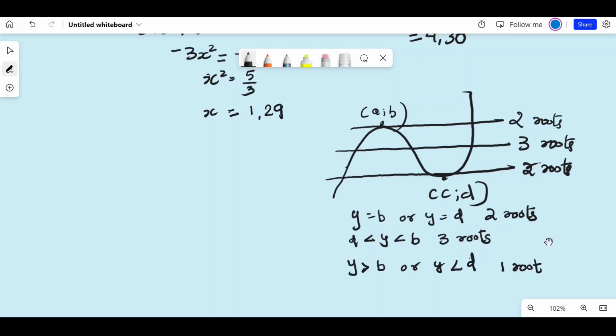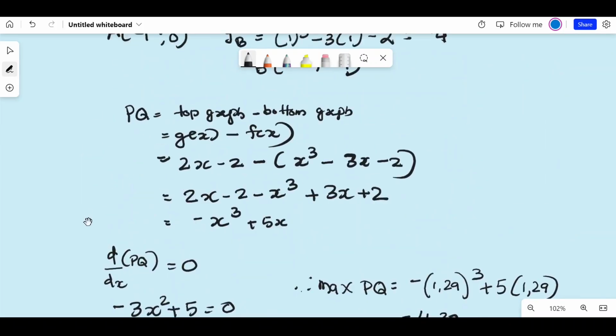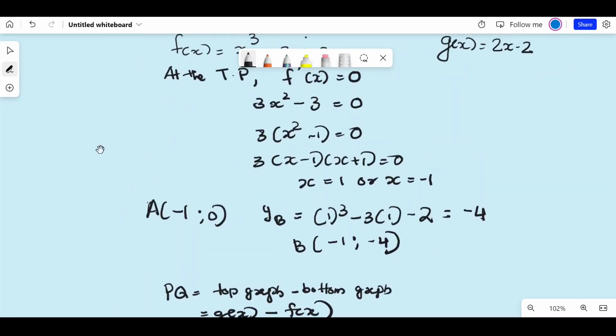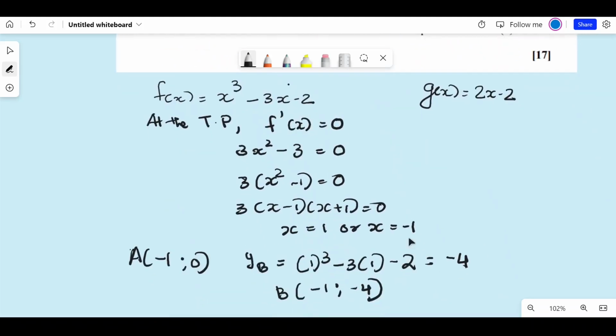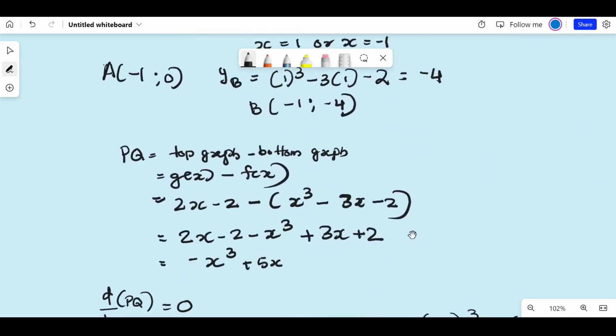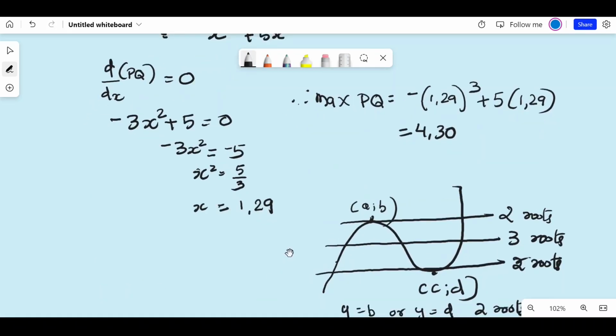So now here the question is asking you about the two real roots. What is the question here? Determine the values of k for which f(x) equal to k has two real roots. So the answer is the two turning points. That is where it's going to have two real roots. We just now found the turning points.